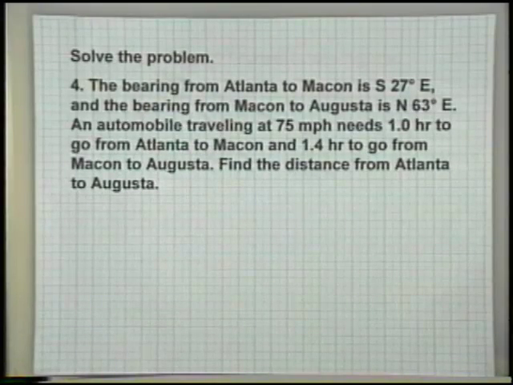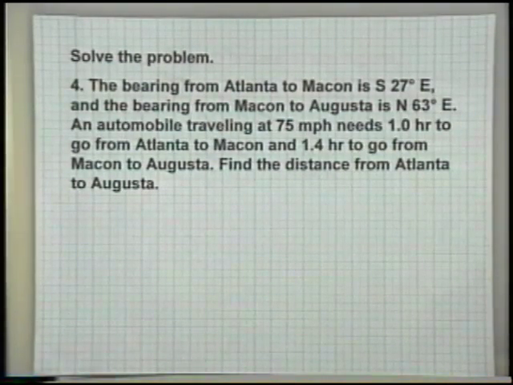An automobile traveling at 75 miles per hour needs 1 hour to go from Atlanta to Macon and 1 4/10 hours to go from Macon to Augusta. Find the distance from Atlanta to Augusta.